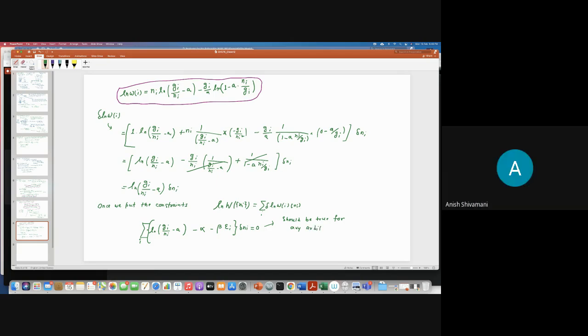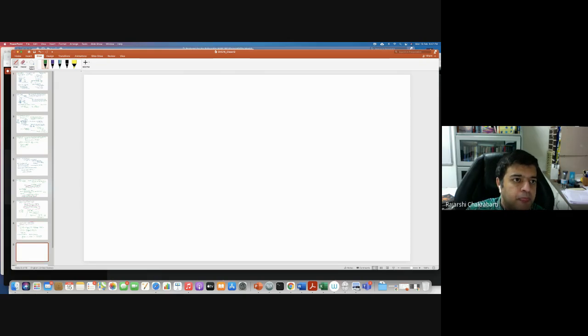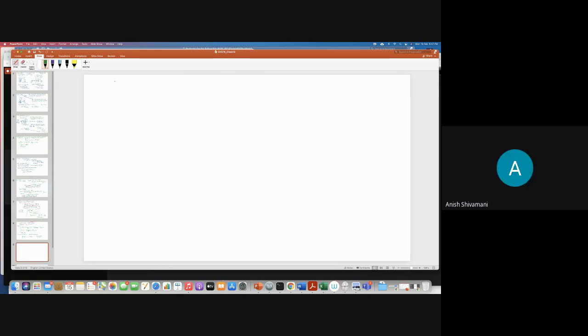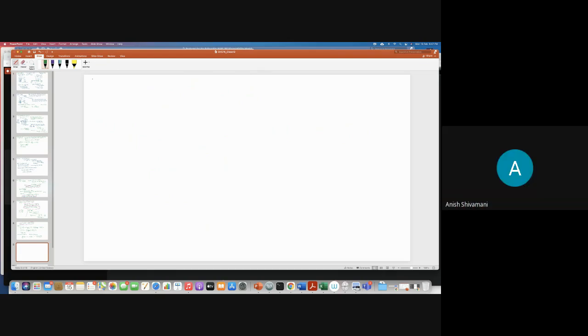Yes, sir. What does it mean? The multiplying term is 0. It basically means that delta Ni is multiplied with some term and summed over I, so each term in the sum is 0.